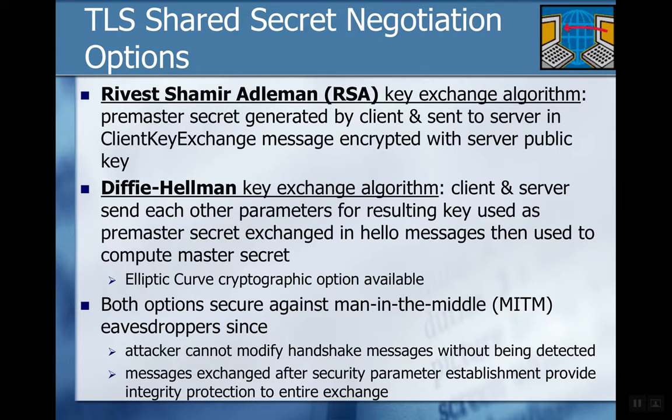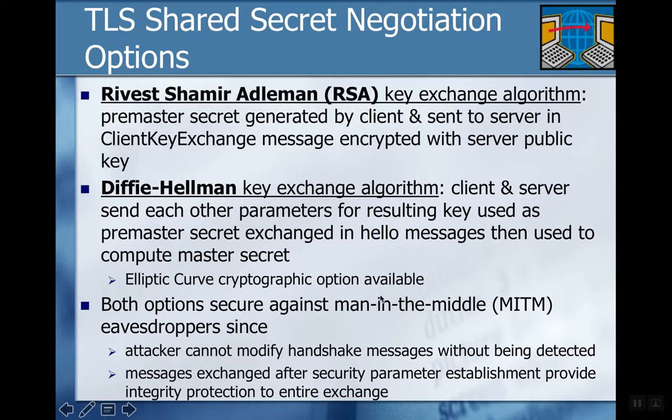And this is some of the negotiations. Remember, as we talk about shared keys, key management and shared keys are a big part of network communication. There are two different mechanisms: RSA and Diffie-Hellman are two different modes of doing shared secret negotiations under TLS.